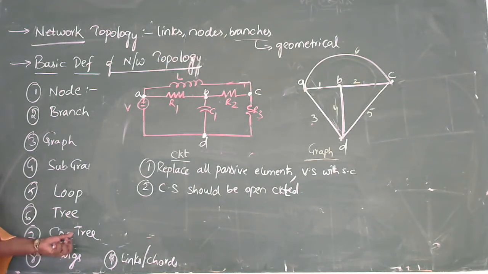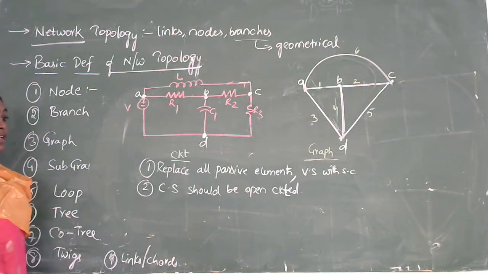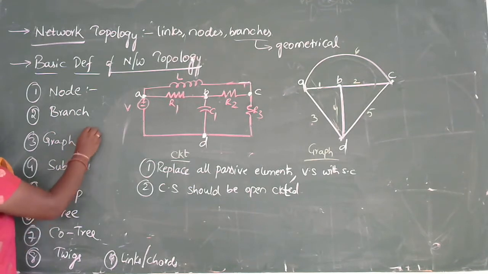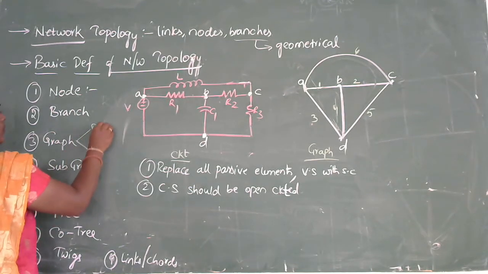So here let us see the concept of a tree for the same example. Before going for the tree, let us see that graphs may be either oriented graphs or directed graphs.